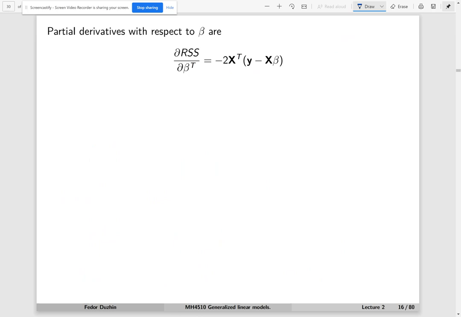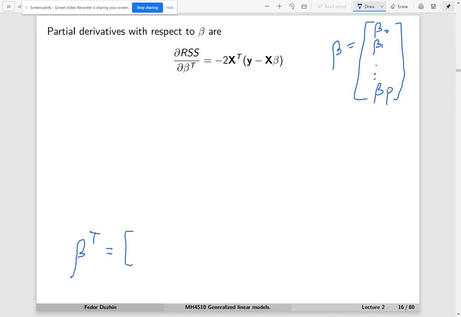Now, it goes further. If we want to write partial derivatives with respect to beta, recall that our beta is a column vector, right? So it's beta 0, beta 1, and so on up to beta p. Which means that beta transposed is a row vector: beta 0, beta 1, and so on, beta p.